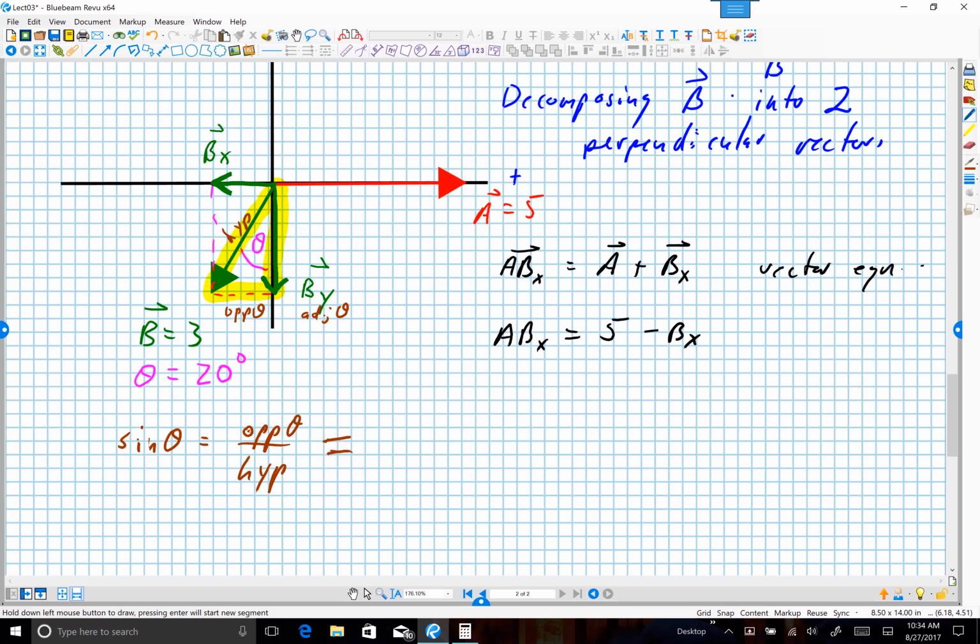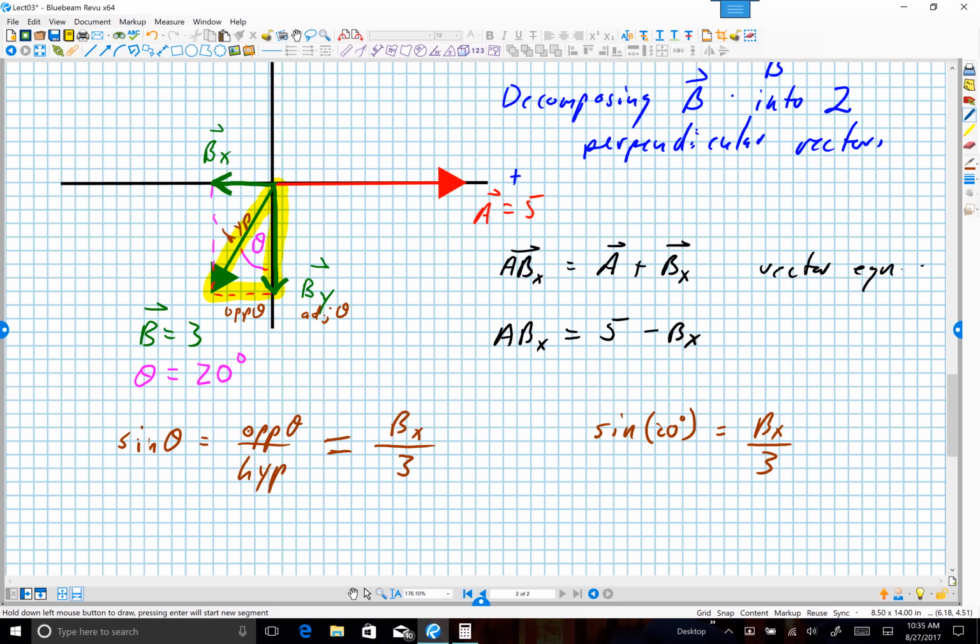And the opposite of theta is my bx, which is what I'm looking for, divided by the hypotenuse, which is 3. Well, if I rewrite it now, sine of theta, which is really sine of 20 degrees, because theta is 20 degrees, equals bx over 3.